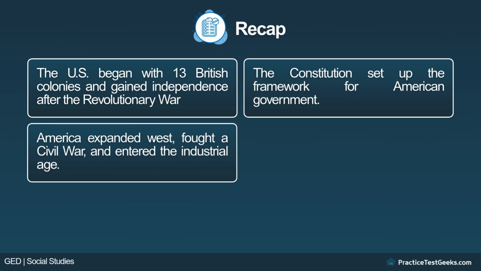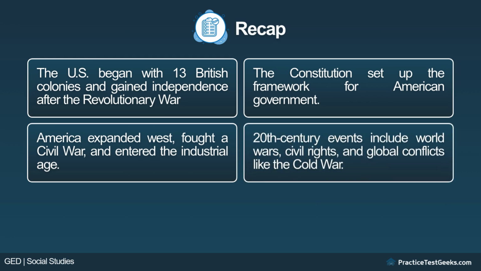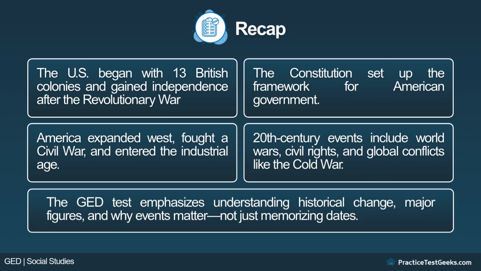America expanded west, fought a civil war, and entered the Industrial Age. 20th century events include world wars, civil rights, and global conflicts like the Cold War. The GED test emphasizes understanding historical change, major figures, and why events matter, not just memorizing dates.